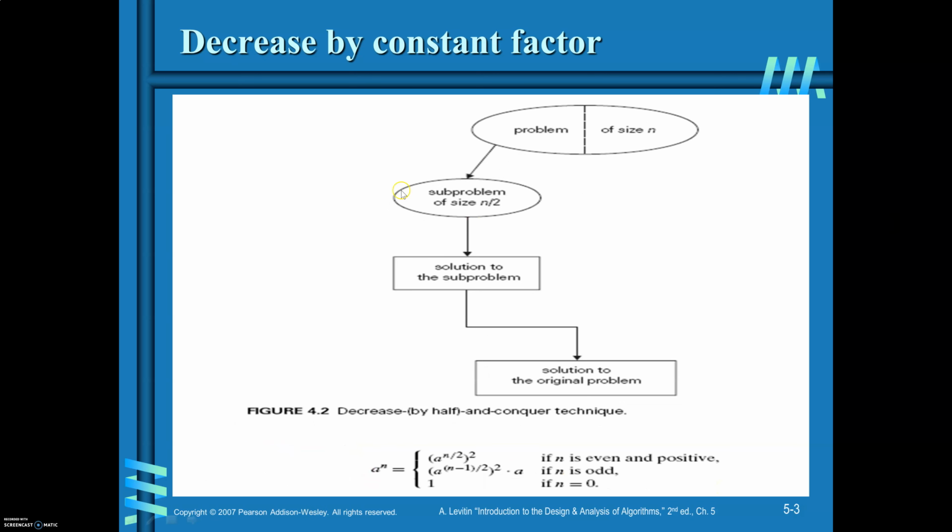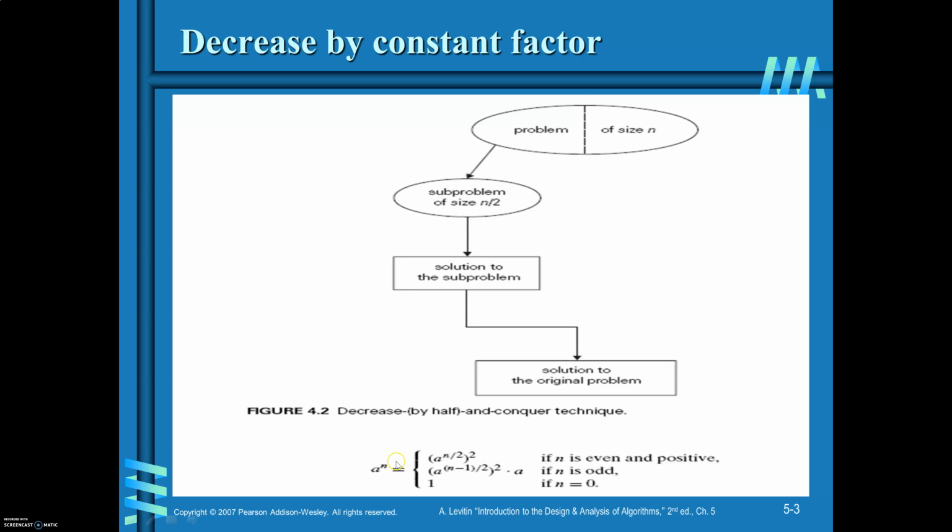Next, we'll see decrease by constant factor. Given a problem of size n, reduce the problem size by 2. Find the solution to the smaller subproblem. Then extend the solution of this subproblem to get the solution to the original problem. Assume that you already know the solution for a power n by 2.